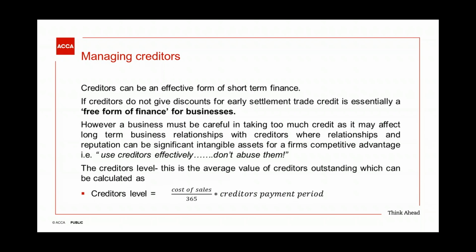In the long term you're going to have bad trade relationships with these people, and like we saw on debtors, your character as a business gets affected. And a lot of firms that use their creditors more and more are moving into what we call undercapitalization or overtrading, which I will touch on now.